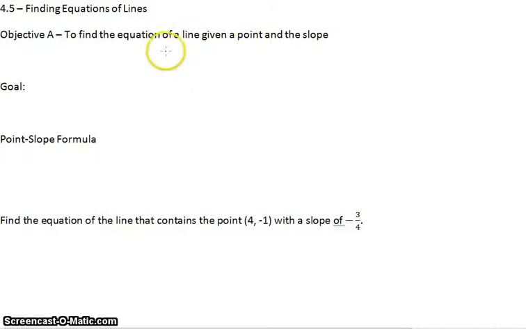And the first thing you're going to use is if you have a point and a slope, and your goal is always to write something in this form, y equals mx plus b.